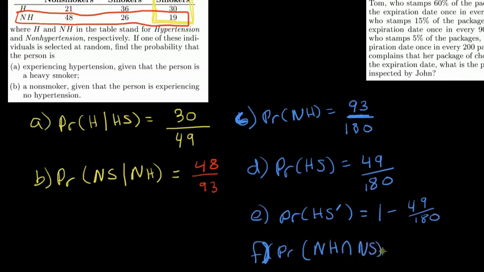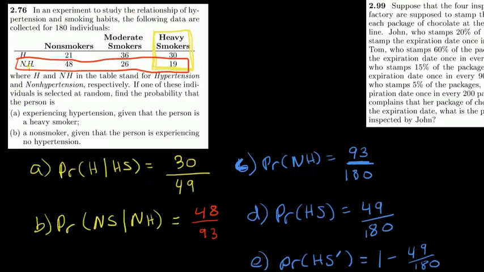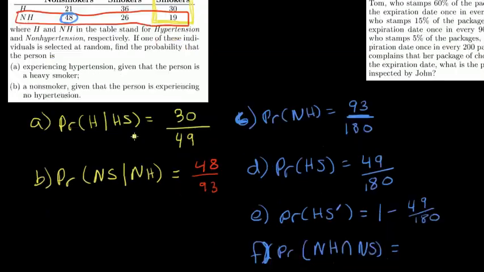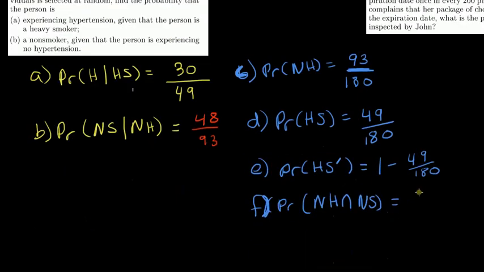How many people meet that criteria? It looks like there's 48 that meet that criteria out of 180, so there'd be 48 divided by 180.